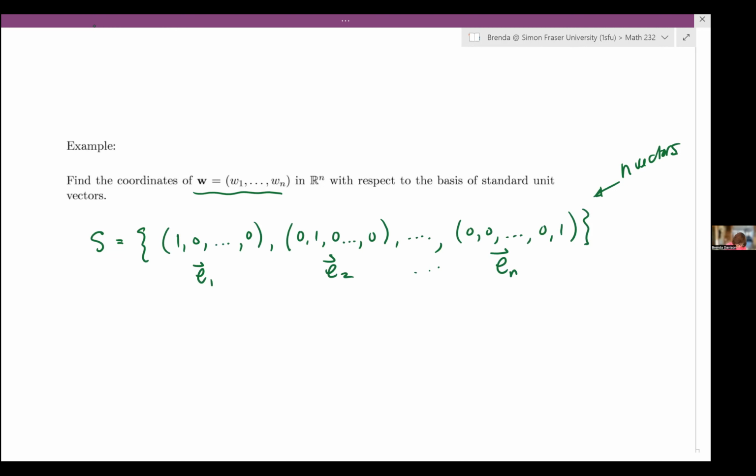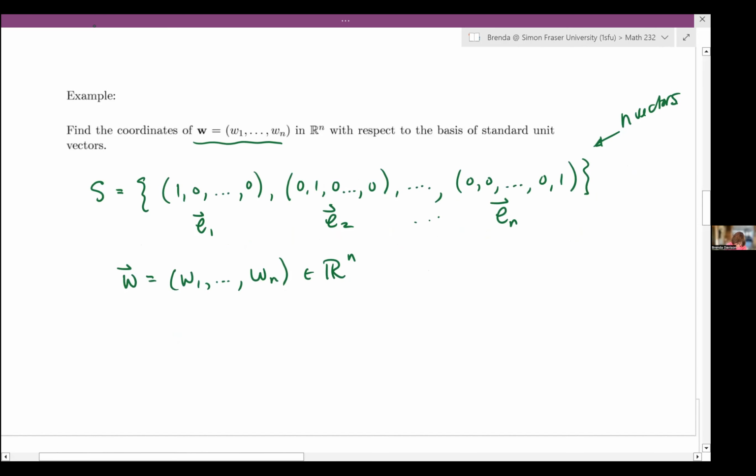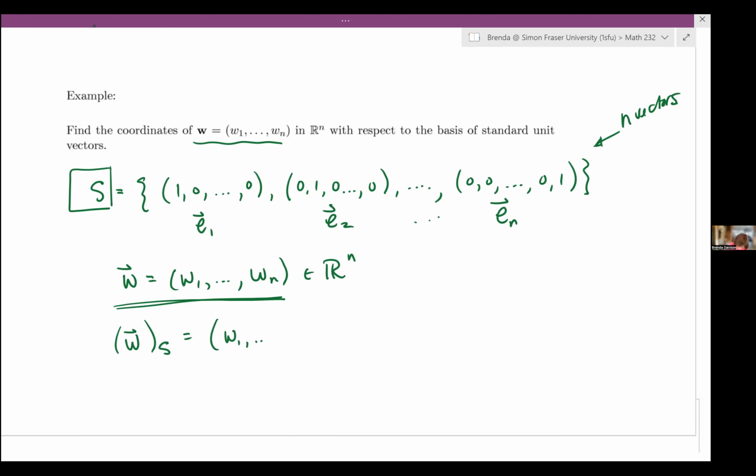And then W is simply these coordinates, because we are using the standard basis vectors implicitly. So, I mean, these numbers will be exactly the same here. If I wrote, okay, here's W with respect to S, where I've indicated that S, this set here, is a set of standard basis vectors in Rn, these numbers will be identical.